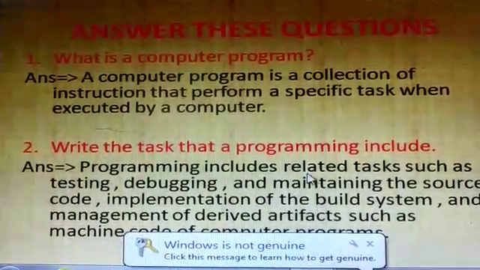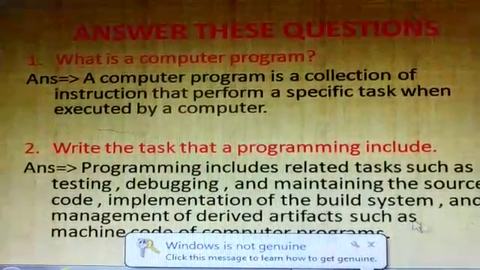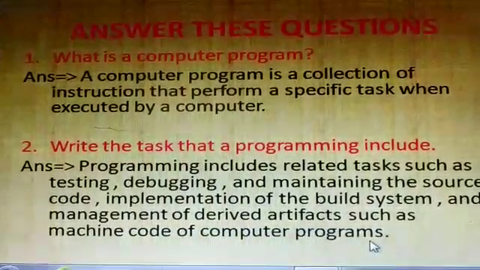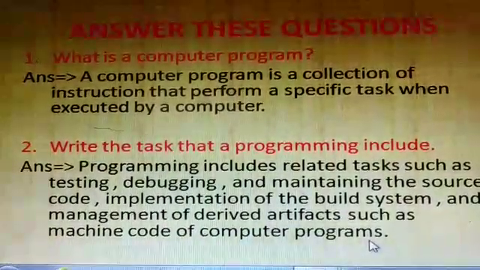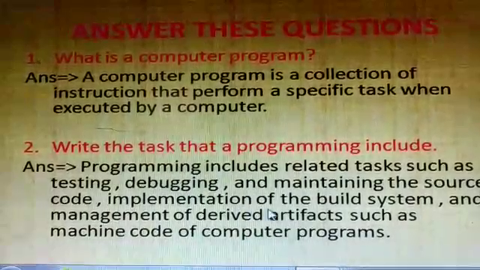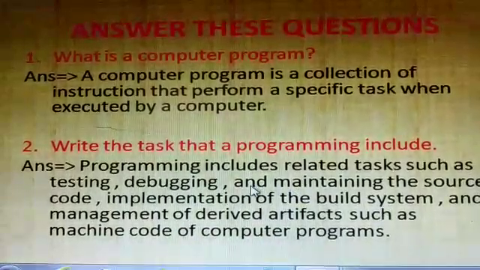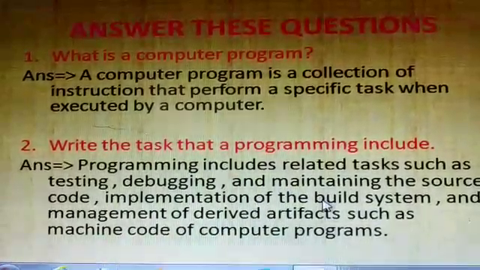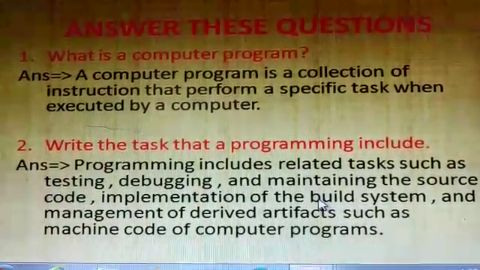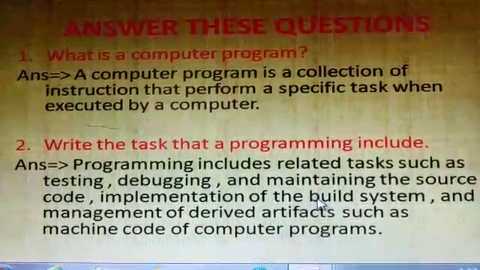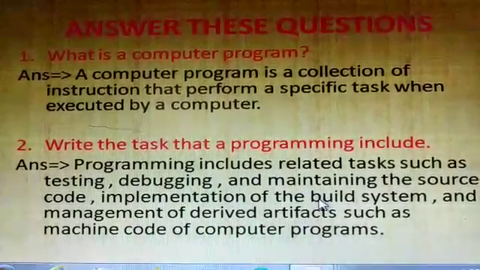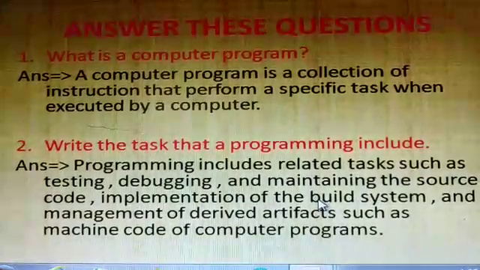Next, write the tasks that programming includes. Answer: programming includes related tasks such as testing, debugging and maintaining the source code, implementation of the build system and management of derived artifacts such as machine code of a computer program. All this is included in programming.